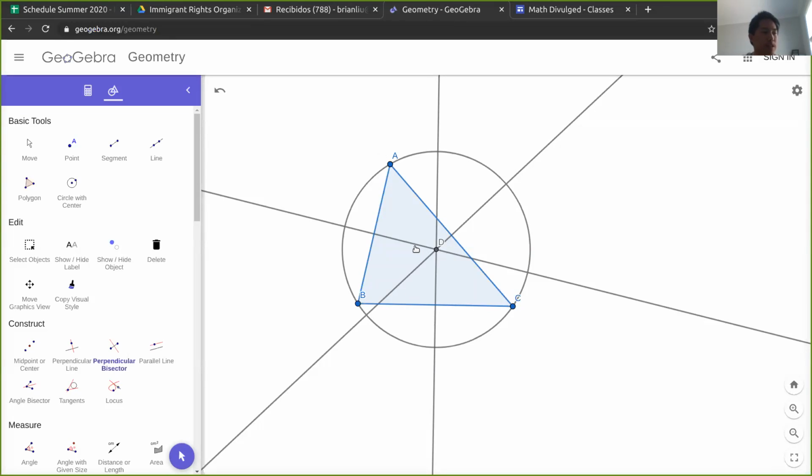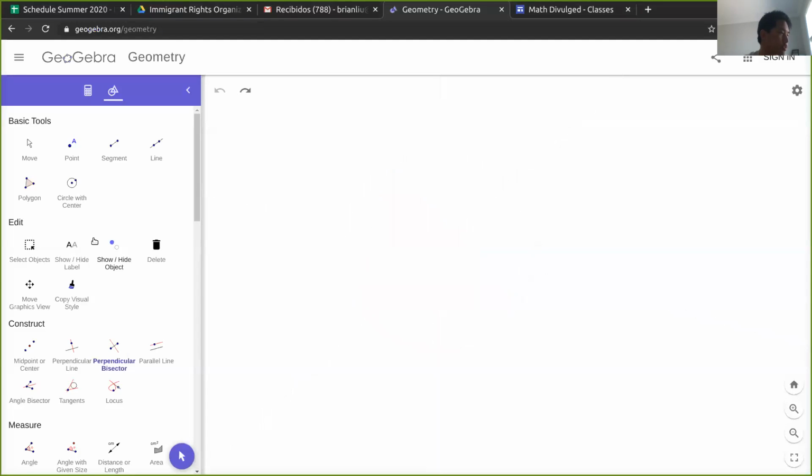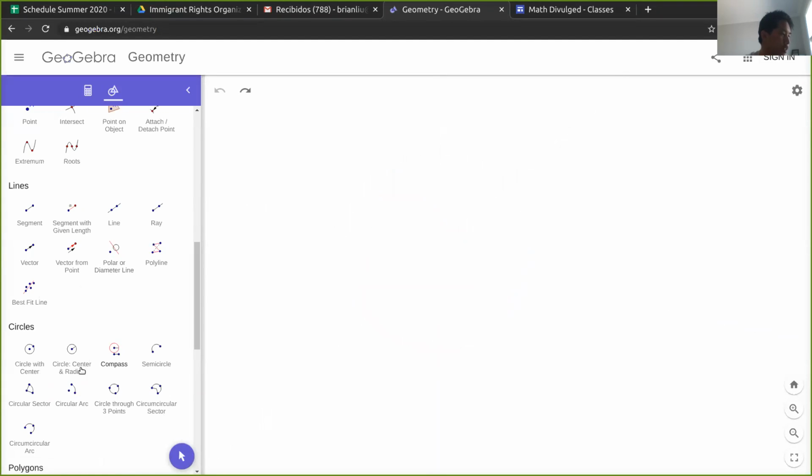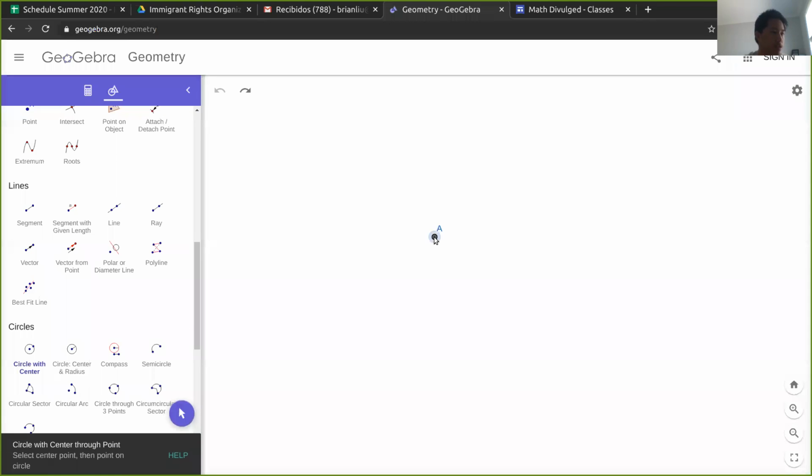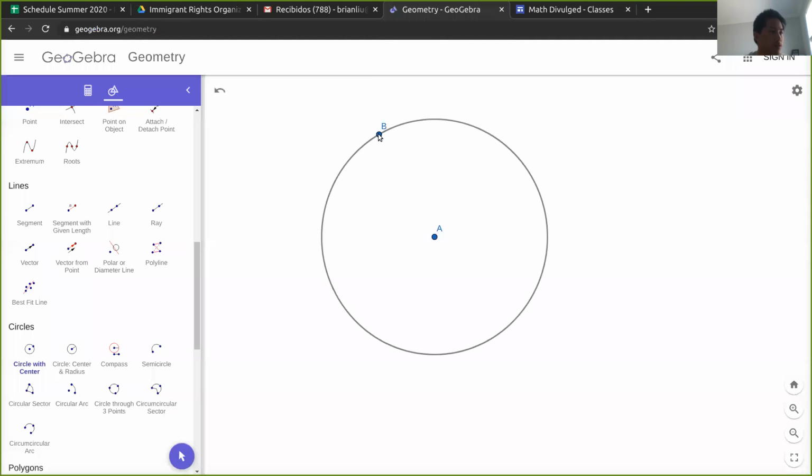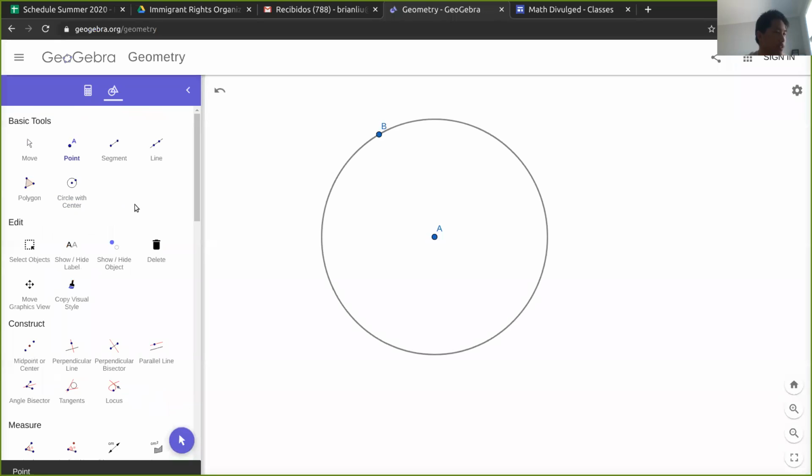We found the center, and so we want to see what are some special properties of four points. So I'll just erase some of this stuff so I can draw a circle with a center right this way. And I'll put four points this time on the circle.